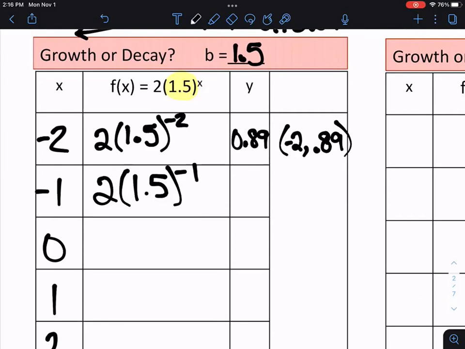Andrea, I have the calculator and I try making this, and I put in the negative 2 exponent and it gives me a mistake. Hold on, I can't hear you. Give me just a second. Can you say it again?